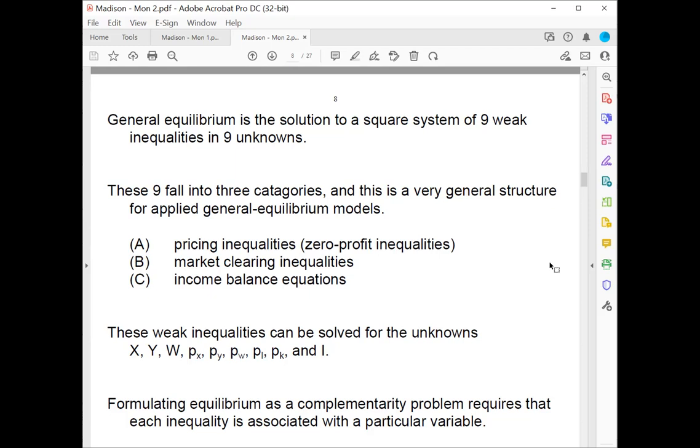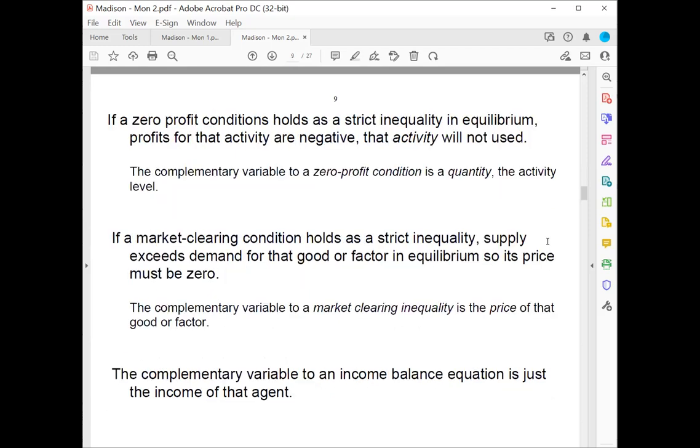Formulating the equilibrium as a complementarity problem requires that each inequality is associated with a particular variable. If a zero profit condition holds as a strict inequality, profits are negative, and that activity is not used. So the complementary variable to a zero profit condition is a quantity or the activity level. If a market clearing condition holds as a strict inequality, supply exceeds demand, then that's a free good. The complementary variable is the price to the quantity equation. The complementary variable to an income balance equation is just income.